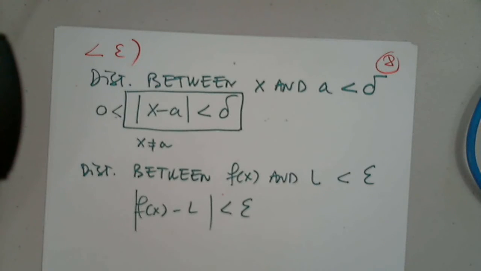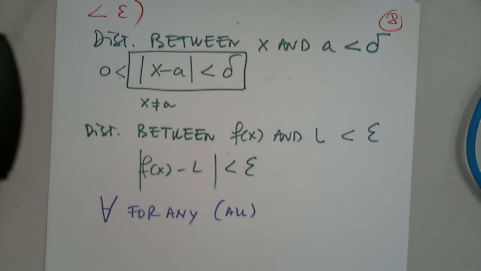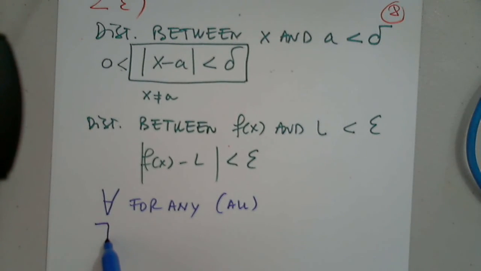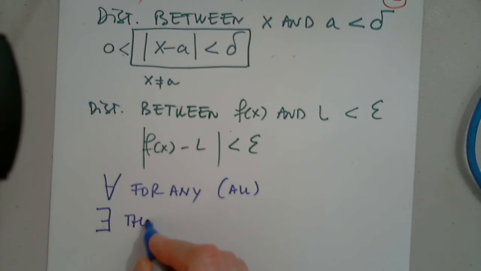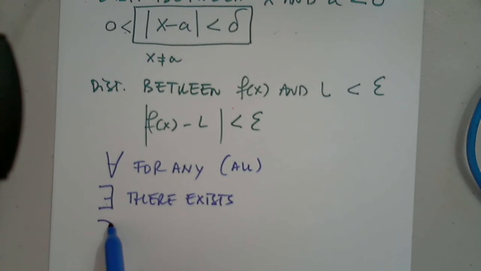Okay, so now with symbols. Let me refresh your memory. This means for any or all. This symbol, we have not talked about it yet. There exists. This we haven't talked about yet, such that.